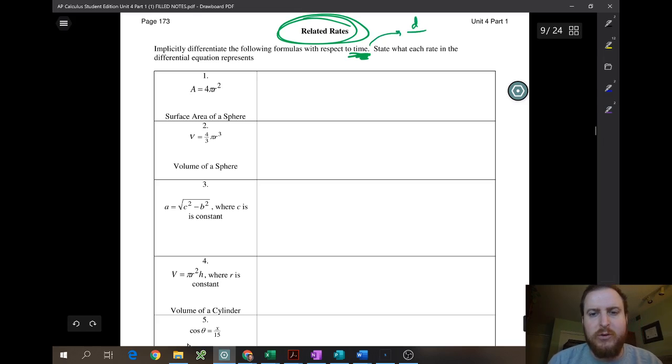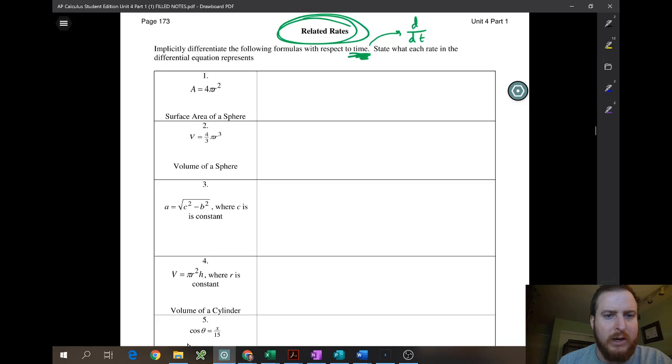We're still taking the derivative the exact same way, but with respect to time instead. What that means is anything that's not time is going to get that implicit derivative that we did yesterday, like dy dx. We're going to do d whatever variable dt. So that's an important concept.